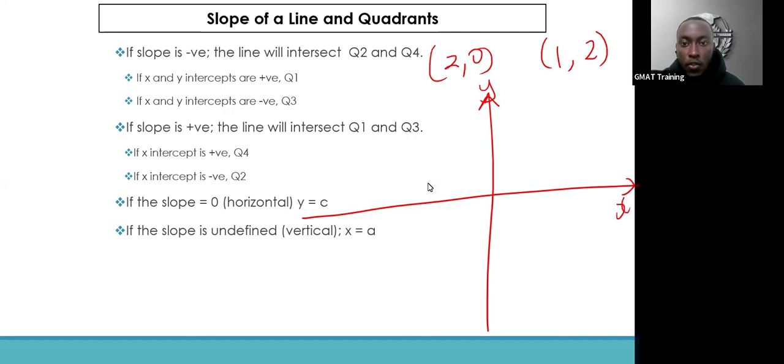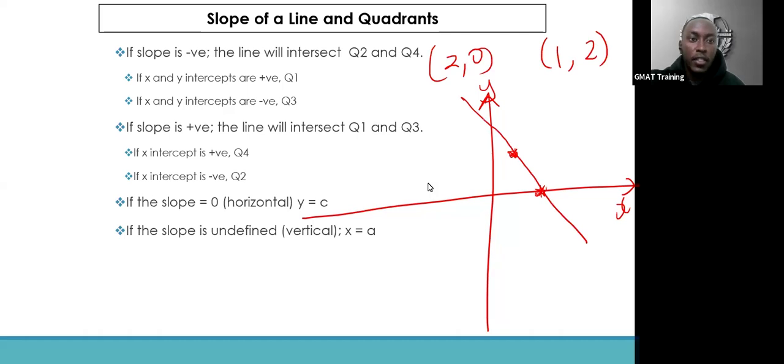So x is 2, so 2 should be right there, and 0. So it goes through this point here, and 1, 2. So probably somewhere there. So this line goes that way. So this has a negative slope.